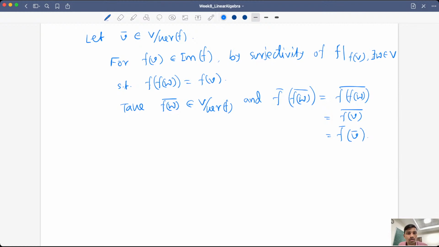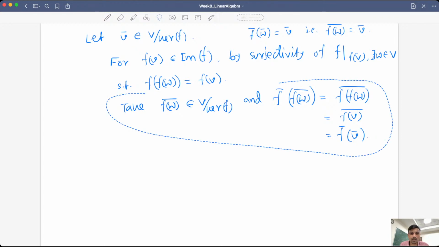Okay, did I miss something? I should get one w such that f bar of w bar equals v bar. That means fw whole bar equals v bar. Okay, yes, this is true, but I want something else.